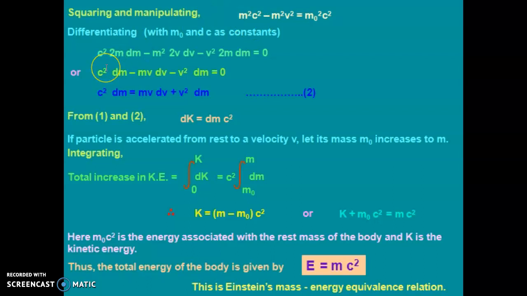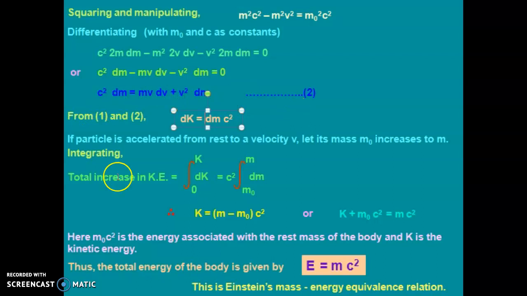Differentiating it, taking c as constant, differentiating m square we get 2m dm, minus, similarly differentiating m square v square, since both are variable, we split it into two parts: m square 2v dv minus v square 2m dm. m naught square c square is constant, so its derivative becomes 0. Solving this, we get equation 2.